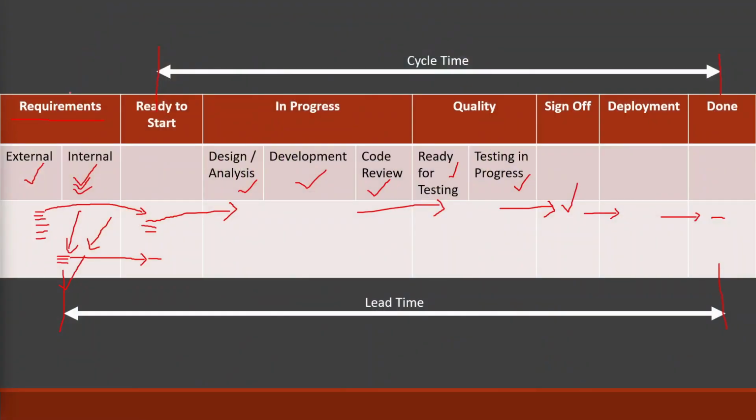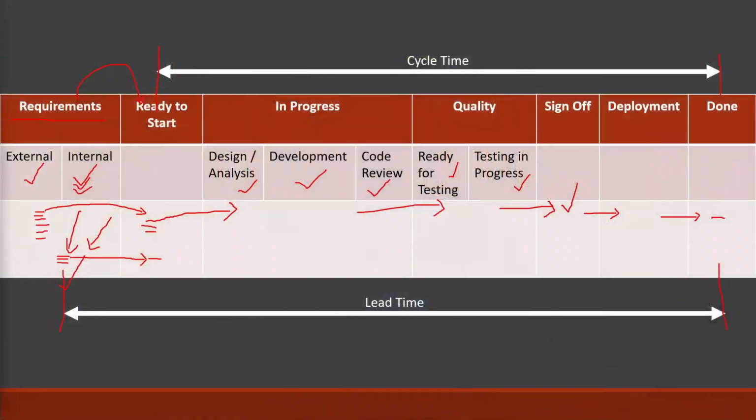The time it takes for requirements to move from the requirements column to ready to start is the difference here. And this could be a game changer, because there could be a lot of requirements, but the product team or the engineering team might not find them good enough, might not think that they have the priority required to move from the requirements column to the ready to start column.